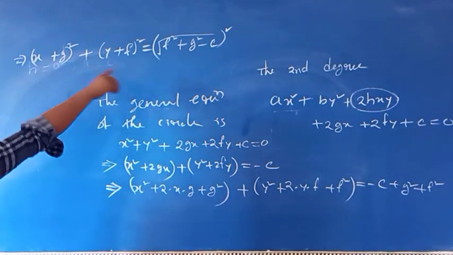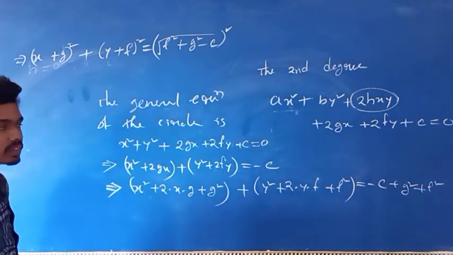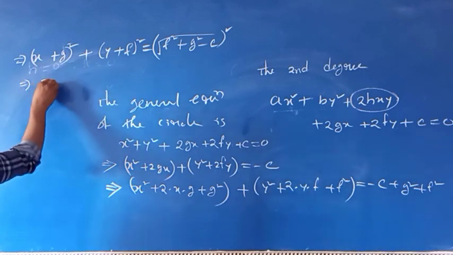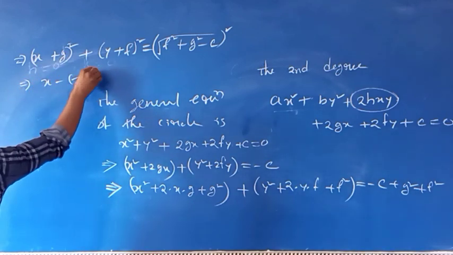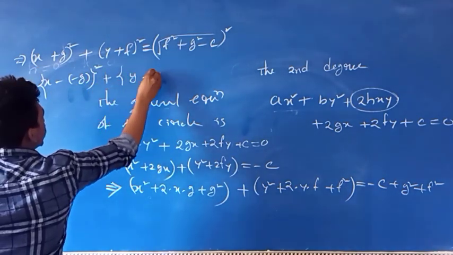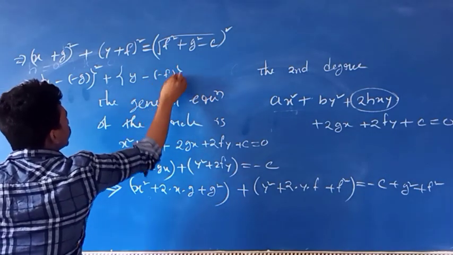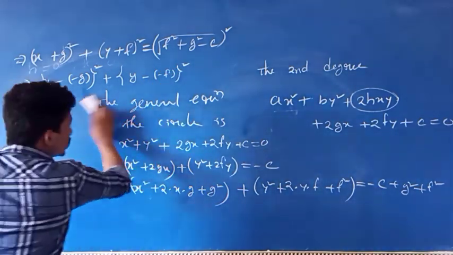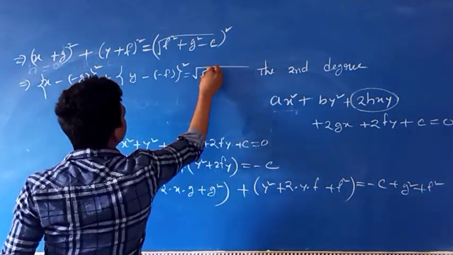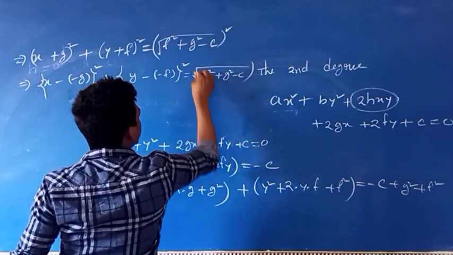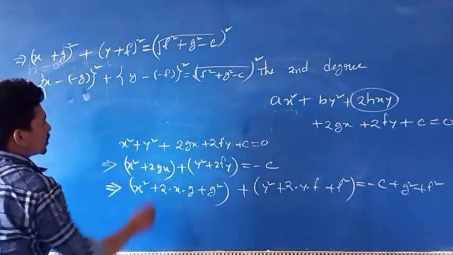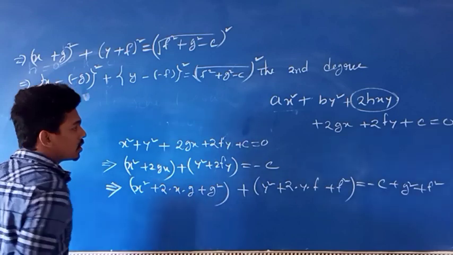So by comparing this equation to the standard equation of the circle, we can write x minus (minus g) whole square, that means h is equal to minus g, plus y minus (minus f) whole square is equal to the square root of g square plus f square minus c, whole square. So here we get h and k, and this will be the r.